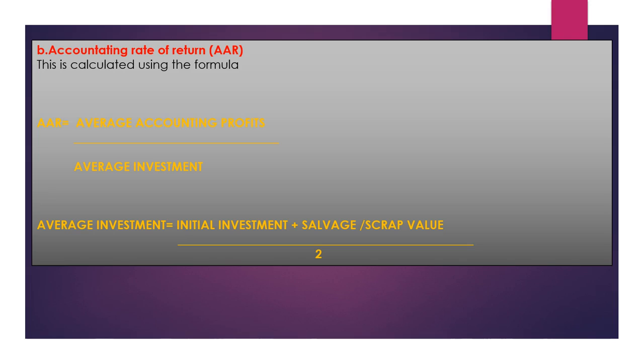To get the average investment, you add the initial investment and the salvage or scrap value, and then you divide the answer by 2. For average accounting profit, you add all the profit and divide it by the number of years. So we're going to look at an example.